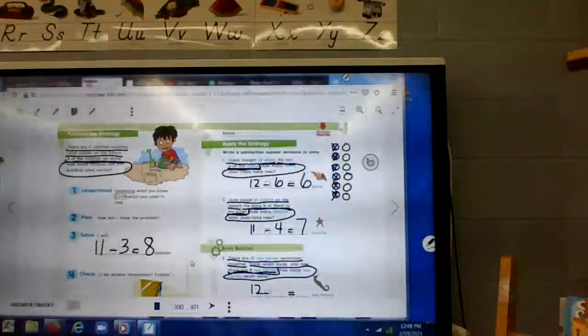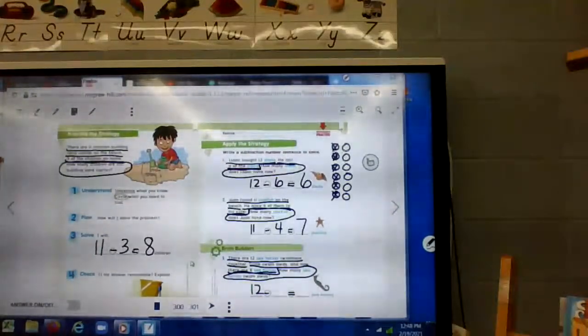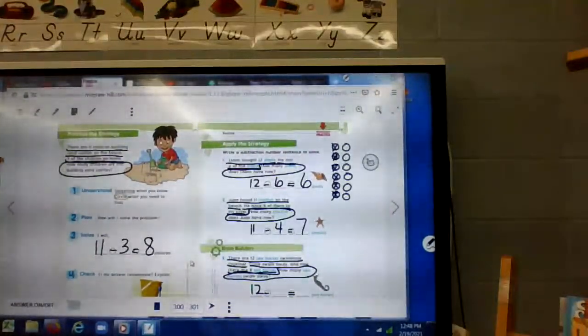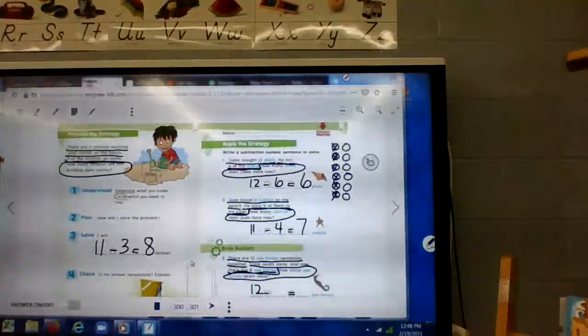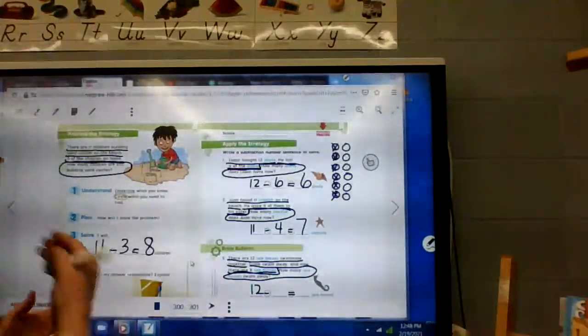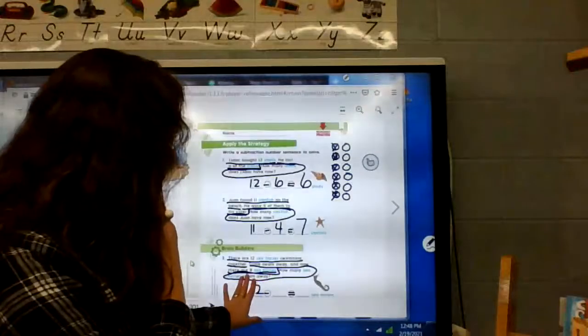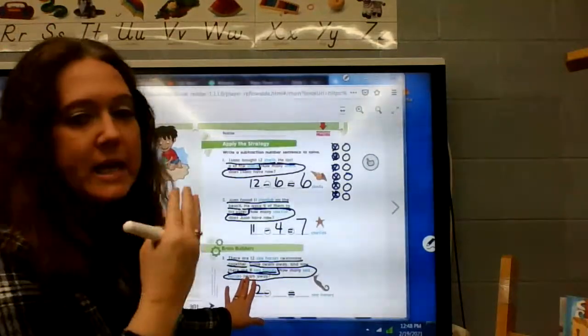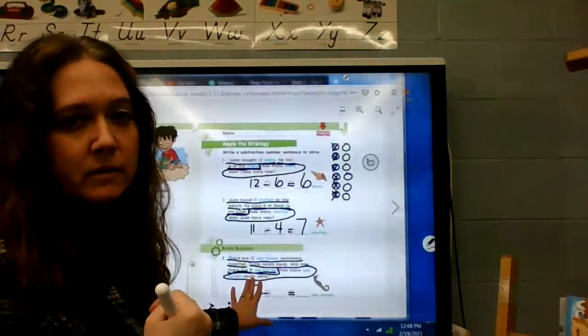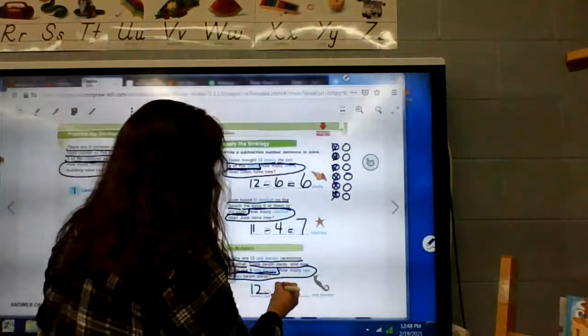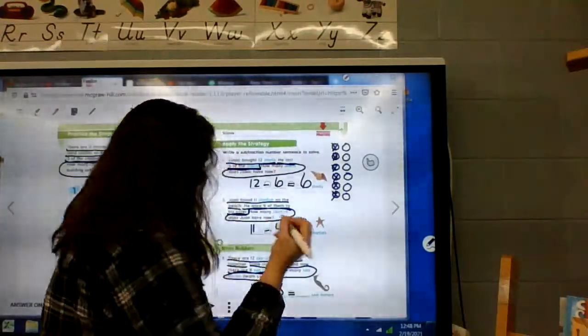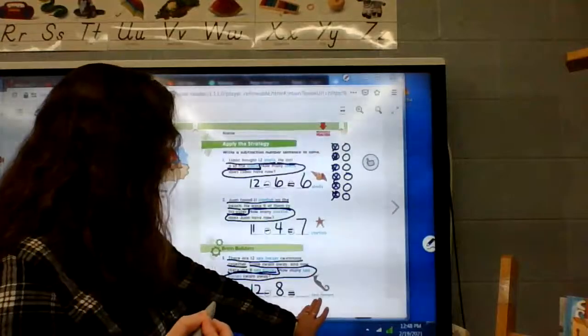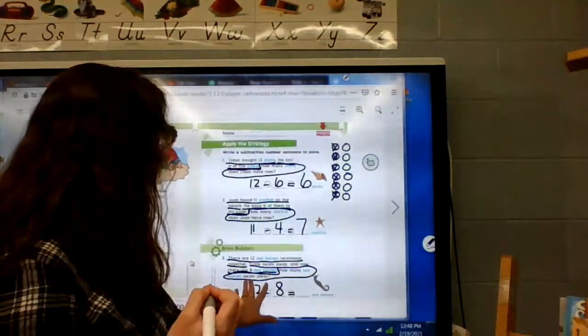You'd have the same answer of how many seahorses swam away, but we're going to take 8 away for this. So 12 minus 8, so that we could get the answer, because the question's asking how many seahorses swam away.